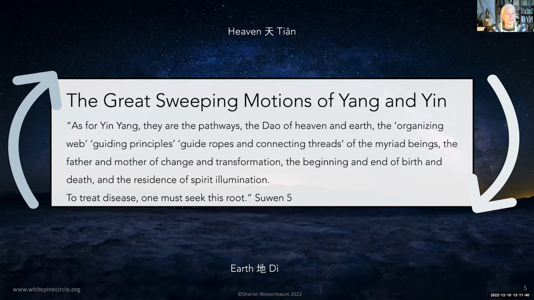So we're always coming to this because here the text tells us we have to seek this root. And what is this root? It's yin yang. So we're not leaving yin yang behind, and now we're going to talk about the wuxing, the 5 phases. We're not moving into the 5 phases and leaving it behind. The 5 phases are an expanded description of yin yang.